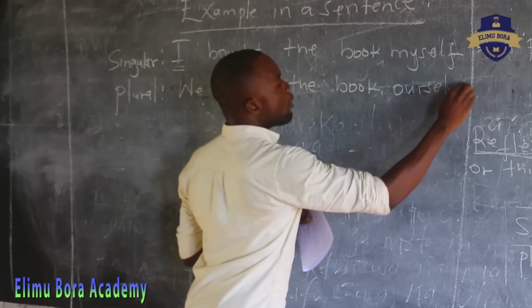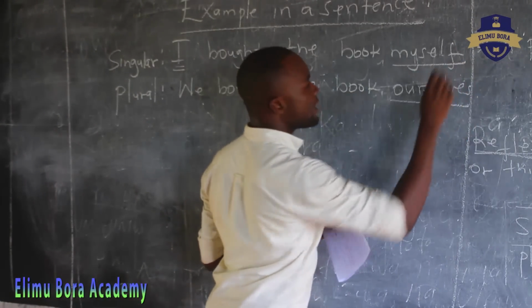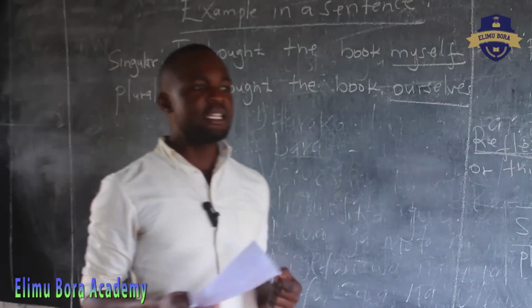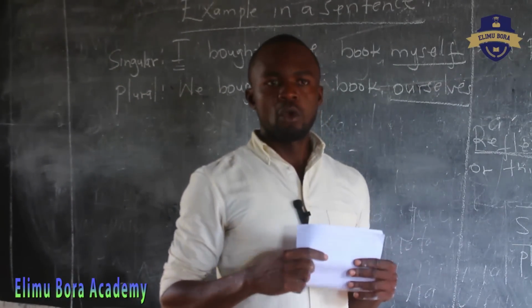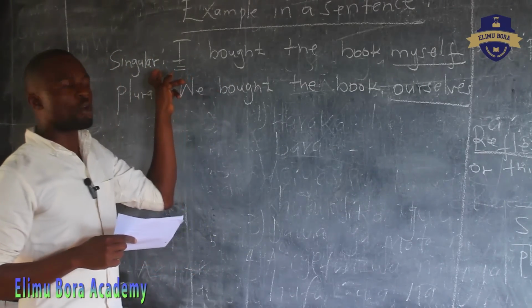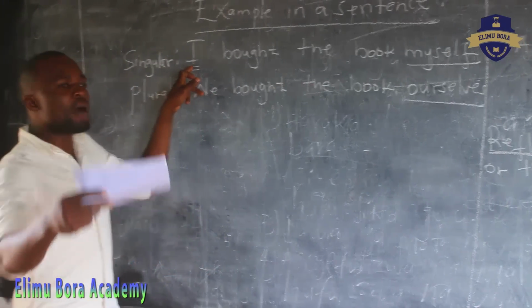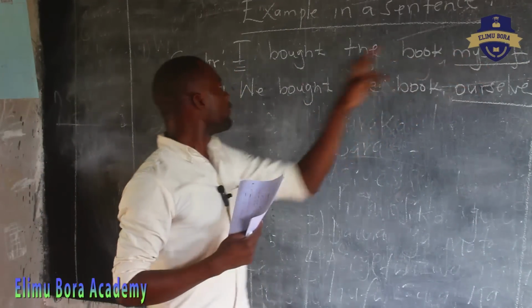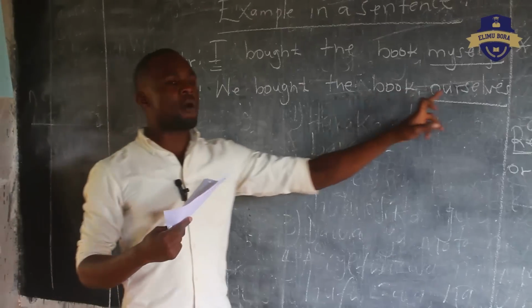We bought the book ourselves. So it is reflecting to the subject who did the action. Who bought the book? You. So it is you, but now I'm referring to I. I bought the book myself. We bought the book ourselves.